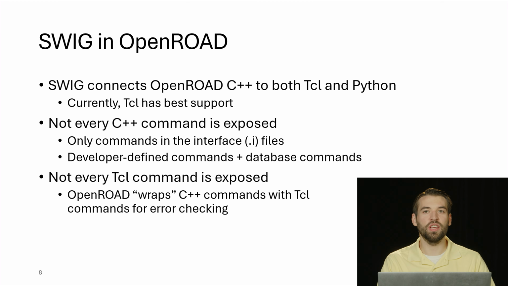Firstly, only commands in the interface files are exposed, and these are limited to commands that the developers define, or also commands from the database, particularly OpenDB's db.h header file that we've discussed previously.